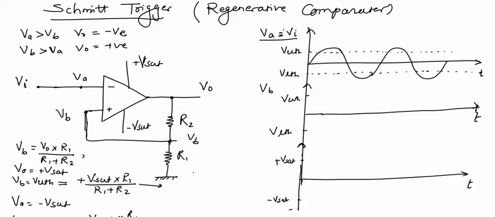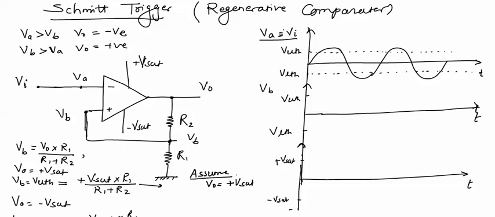Initially we will assume that V naught equal to plus Vsat. It can be assumed as minus Vsat also. There will be a difference in the starting of the waveform, but the information from the waveform will be the same in both cases.